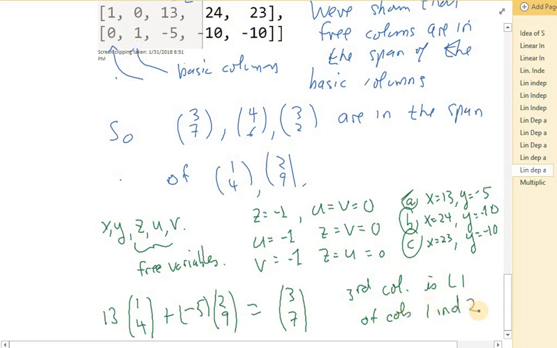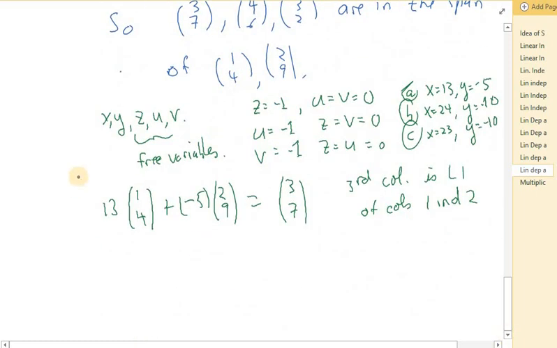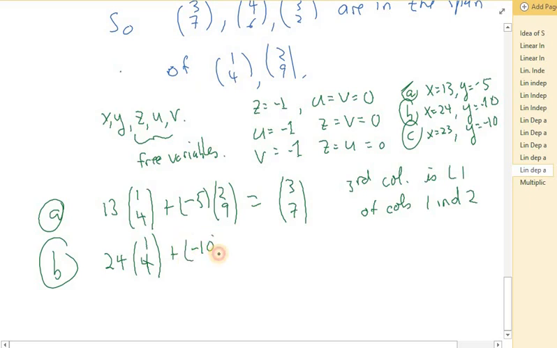All right, now how about the next one? The next one says x equal 24, y equal minus 10, u equal minus 1. U equal minus 1 is the fourth column. So from B, I'm going to get 24 times 1, 4, plus minus 10 times 2, 9.